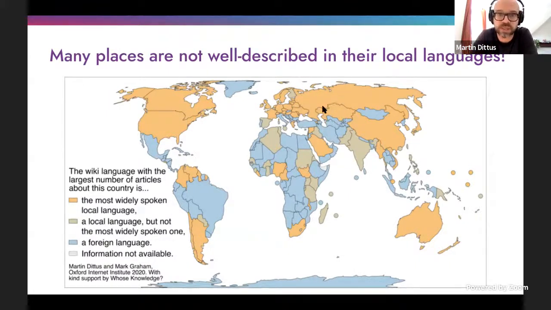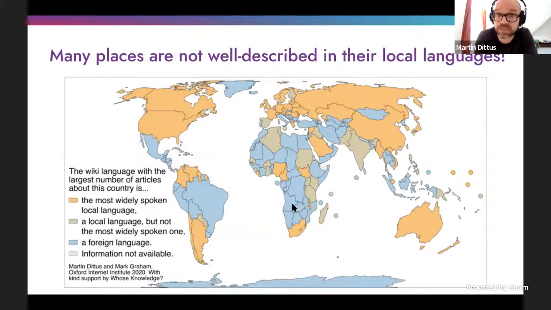Everything in this color, in orange, expresses places where most of the content is available in a local language. And everything in this blue color, in this shade, describes places in the world where most of the content about these places is actually written in a foreign language. It's not a language that is either a national language or widely spoken in these places.